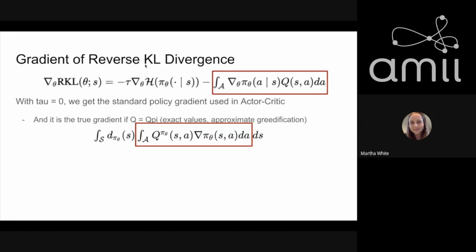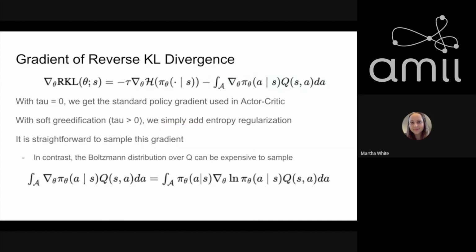If you start looking at lots of different algorithms in the literature, many of them can be well thought of as mainly minimizing the reverse KL with or without entropy regularization, where the most obvious one is actor-critic, where we said Q is equal to Q pi. One of the things I haven't mentioned is this d pi theta, the weighting out in front. I haven't told you anything yet about what this weighting should be, but I'm going to keep going. With soft greedification, with tau greater than 0, we're just adding some entropy regularization.